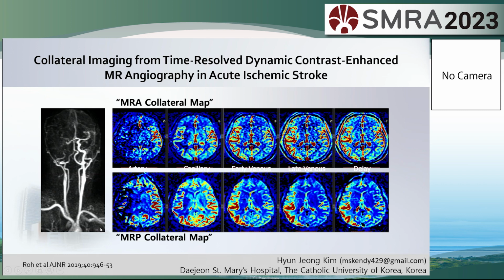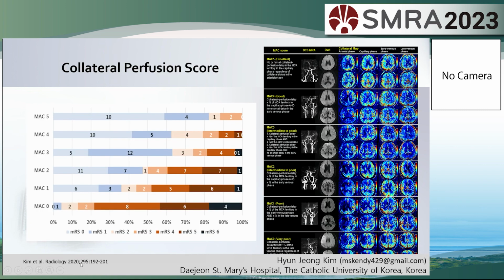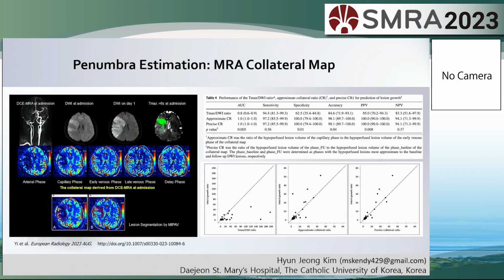There was a good correlation, and they applied this to prospective patients to see that the proposed MR-based collateral score was quite valuable in estimating a good outcome after thrombectomy of acute ischemic stroke.